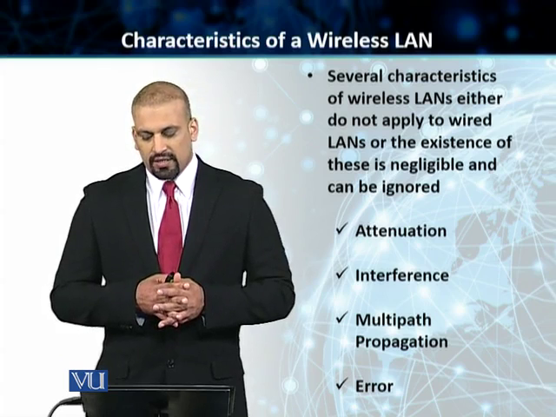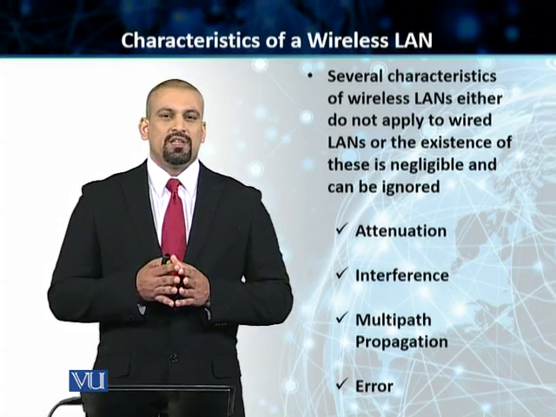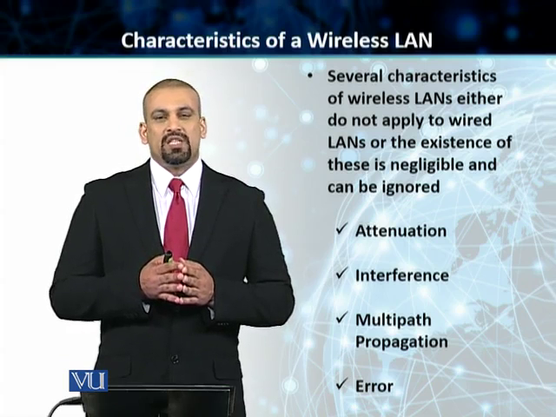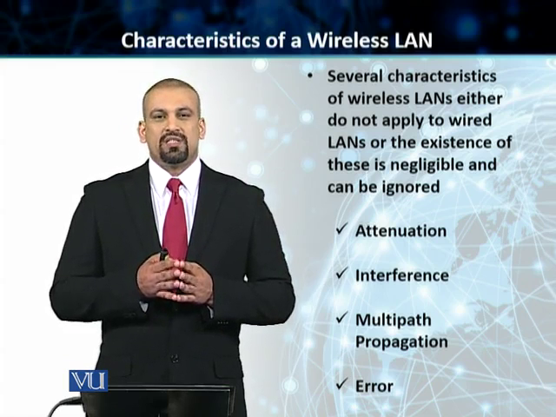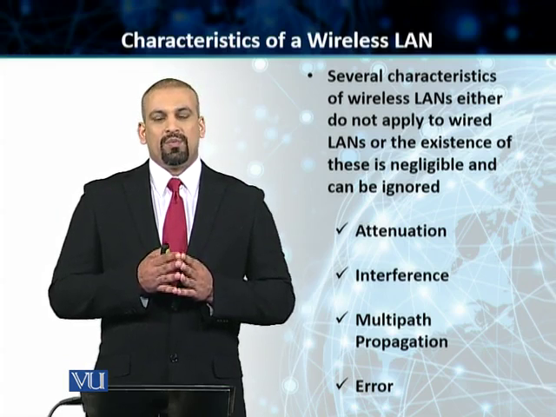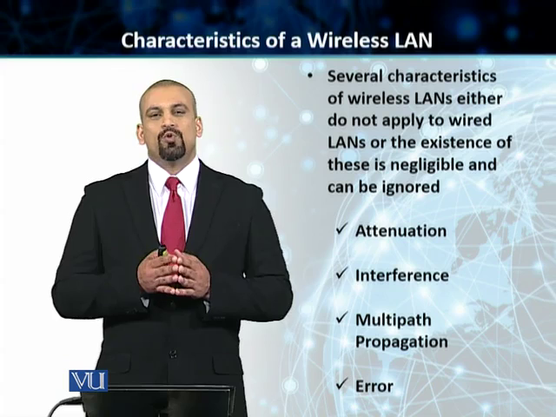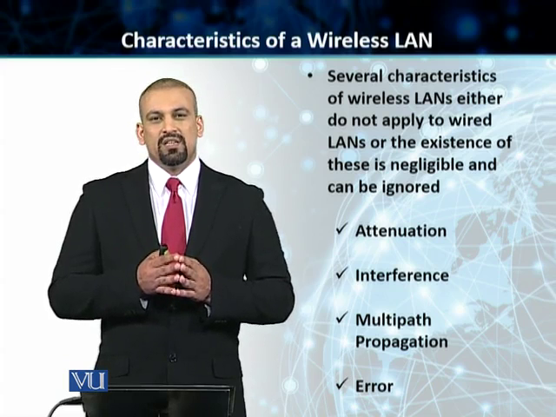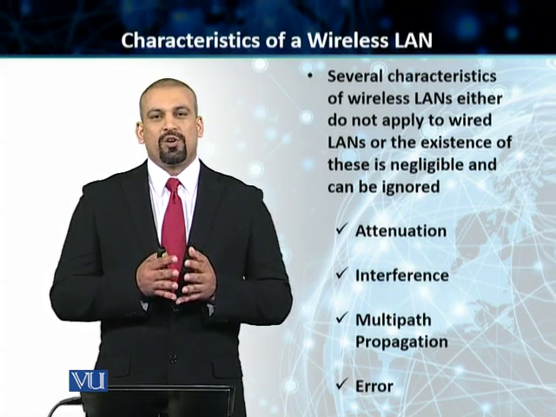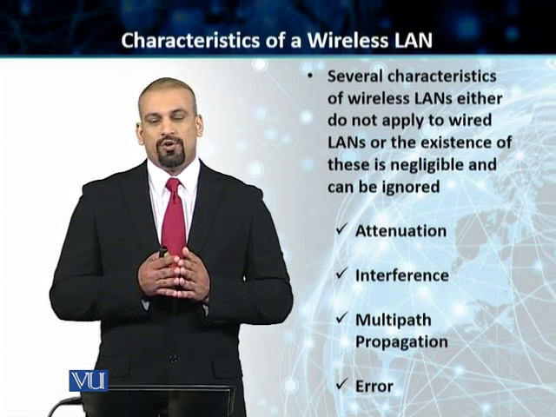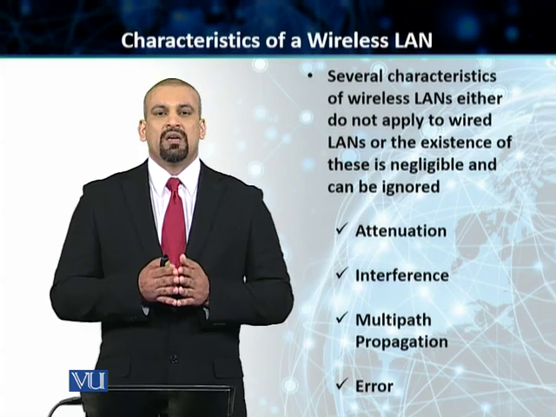Students, the next one is interference. Interference normally happens when you're talking about communication in air. The receiver does not only receive a signal from the intended sender. There are multiple other senders sending signals, and so all of these signals are also received, because you're talking about a broadcast medium, you're communicating in air.